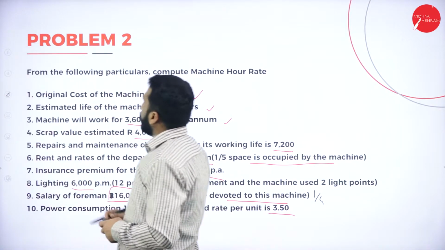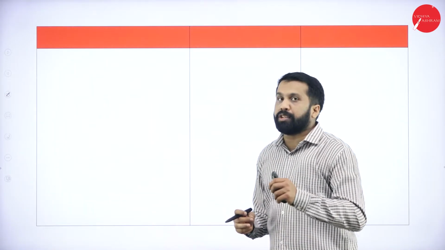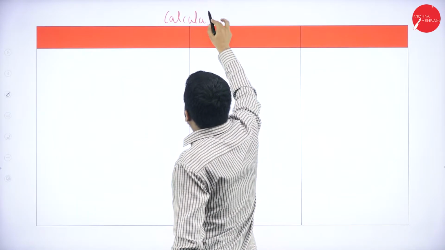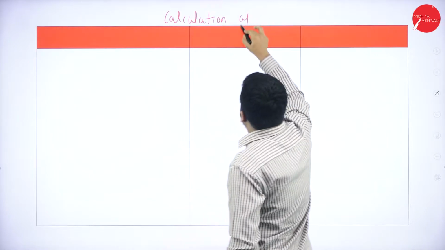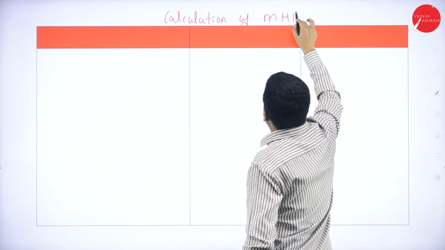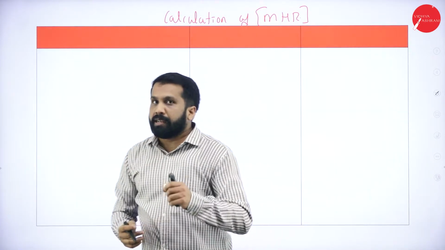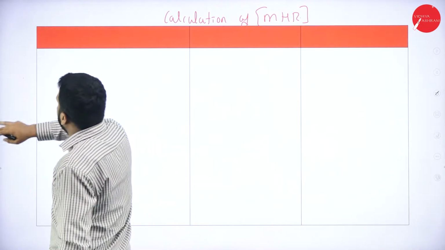Now, in this, we'll start with the calculation of machine hour rate. In this, what are we supposed to write?